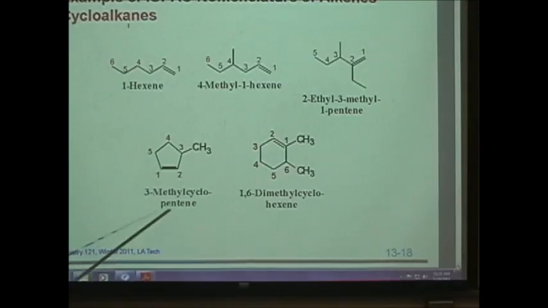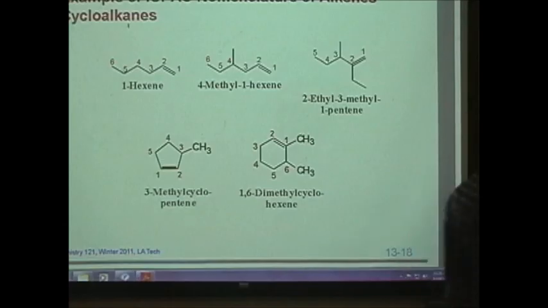3-methylcyclopentene. Okay, there may be a problem with what I did, because labeling the 3 automatically nails down the other two carbons as 1 and 2, okay? You see that?